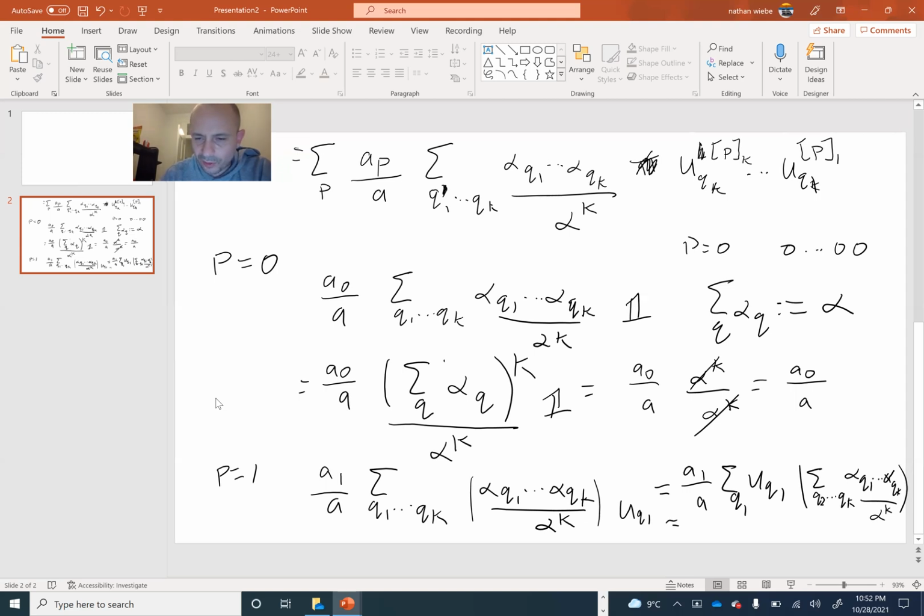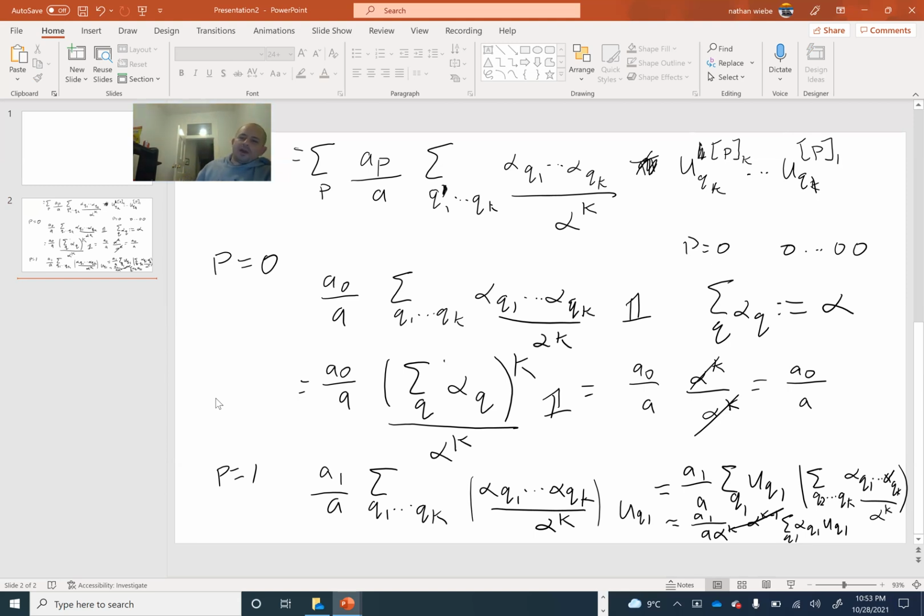And we see that this now will end up giving us a1 over alpha to the k, alpha to the k minus 1, sum over q1, alpha q1 uq1. All but one power will die, leaving us with that. Okay, so in general, going through the exact same pattern, you can see what will happen going all the way up to k.